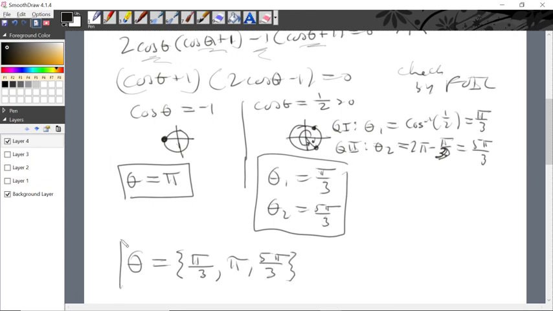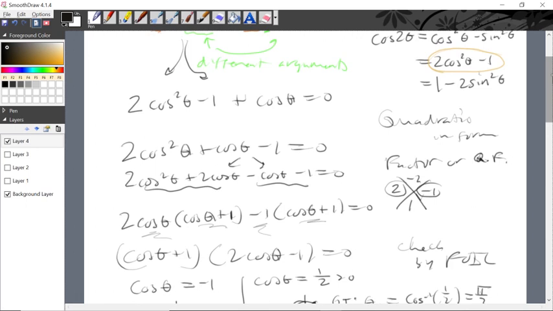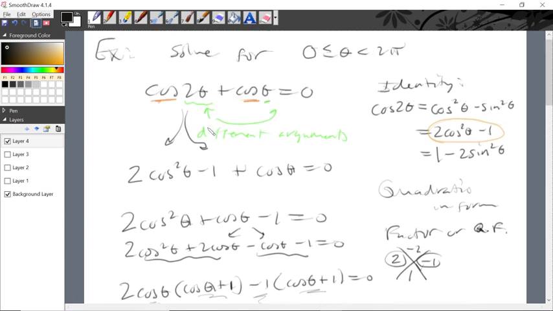Remember, you should check these solutions in the original equation to verify that they actually work. Let's take, for instance, pi over 3. Just a visual check now. If theta is pi over 3, then we have the cosine of 2 pi over 3 plus the cosine of pi over 3 equal to 0. Now 2 pi over 3 is in quadrant 2, and pi over 3 is in quadrant 1.